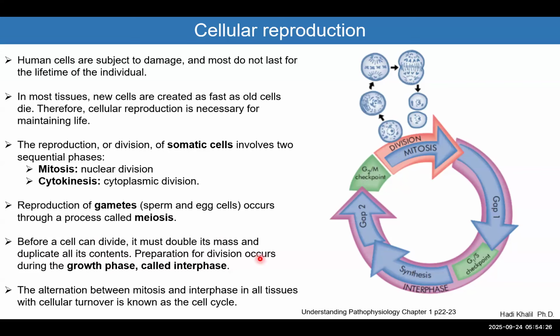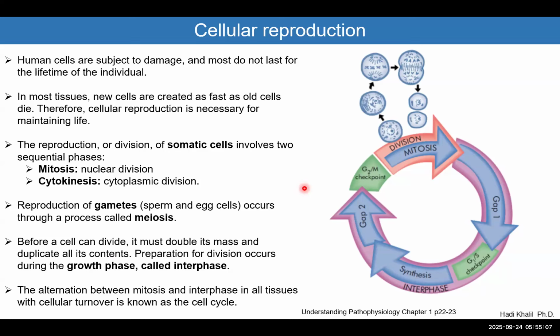Now, the preparation of this division happens in what we call the interphase here. And that interphase has the first checkpoint during the preparation of those materials, and then after the synthesis of those materials. Now, the alternation between mitosis and interphase in all tissue with the cellular turnover is what we call the cell cycle. We have to pass all the steps one by one and pass the checkpoints one by one in order to proceed.